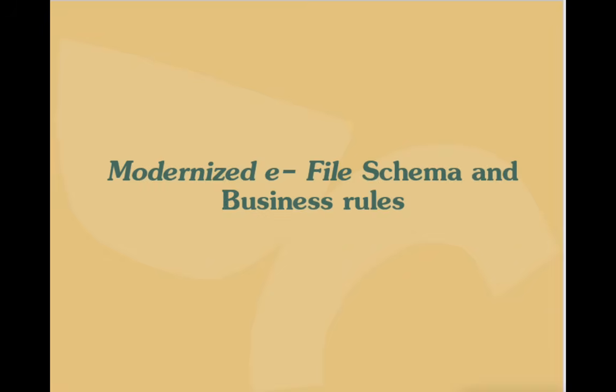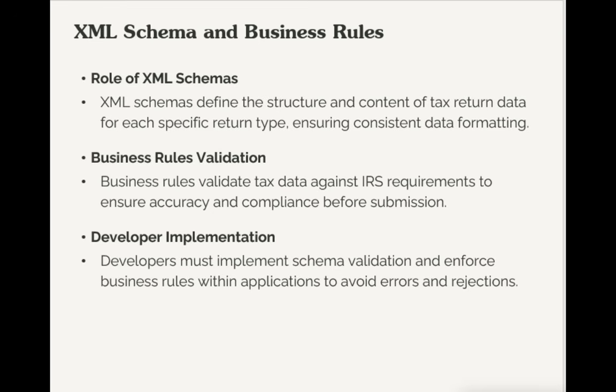Both are critical for software development, for transmission, and for the EROs to compose these returns, and in order to have MEF compliant software. As I said, the XML schemas define the structure, and business validation rules check those. The XML format is used for all electronic submissions for tax forms and their accompanying schedules, although PDF files could be supported as well.